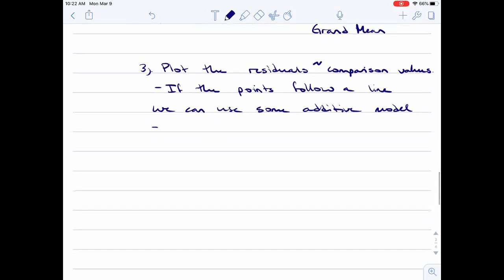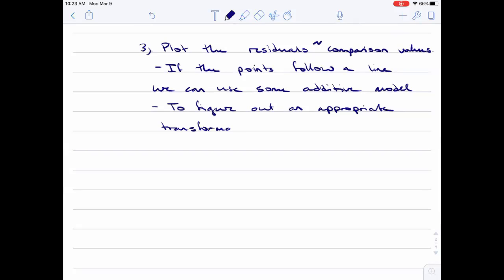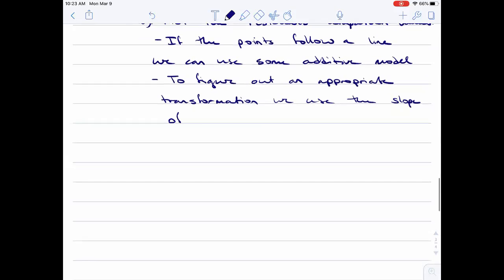And so, to figure out an appropriate transformation, we use the slope of the line again, and I'm issuing an apology and errata, because in chapter 5, in the general methods document that I posted, I had the right value, but in our notes, and no wonder I was so confused, if the slope is 2, then we use 1 over y.